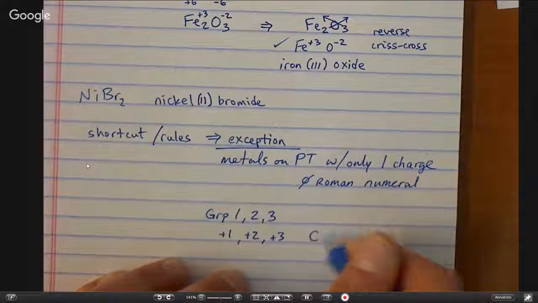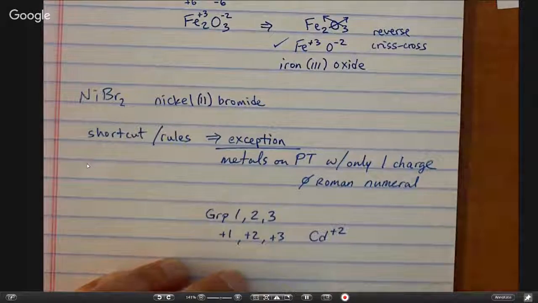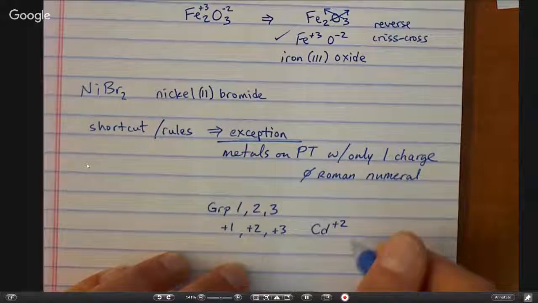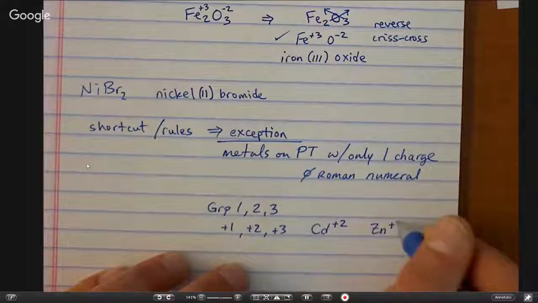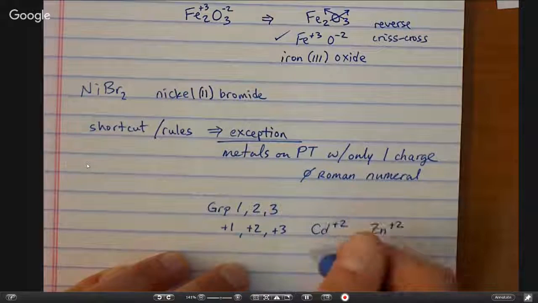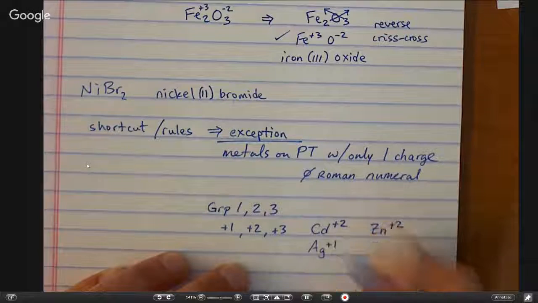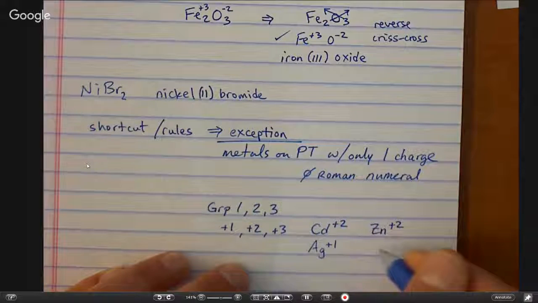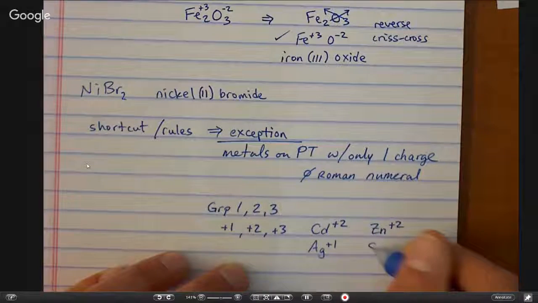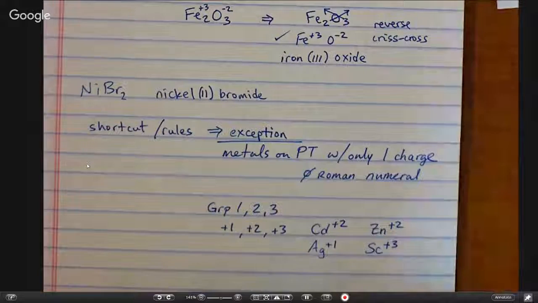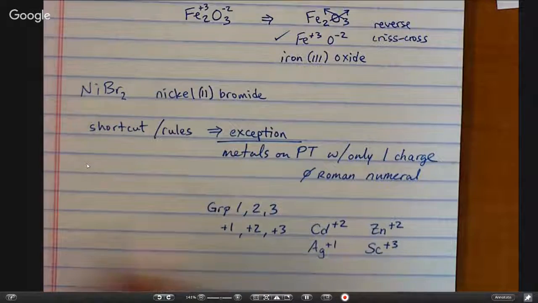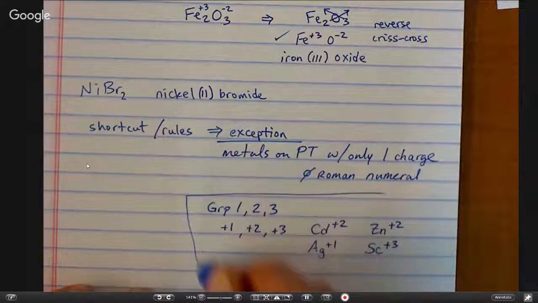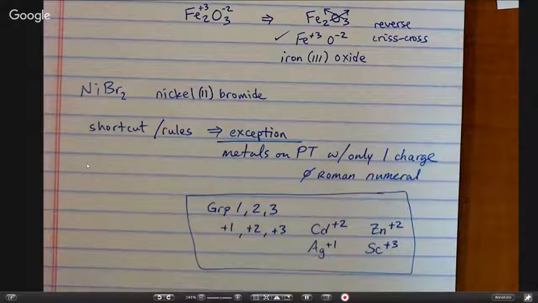Additionally, cadmium only has a +2 charge. Zinc is only a +2 charge. Silver is only a +1 charge. And lastly, scandium we'll treat as having a +3 charge. So these here are our exceptions.